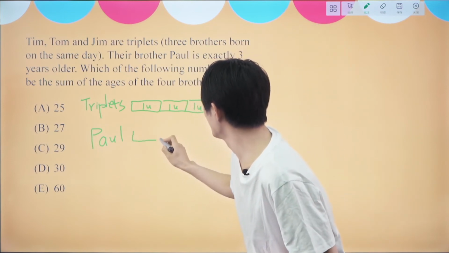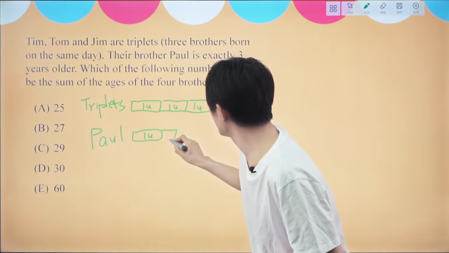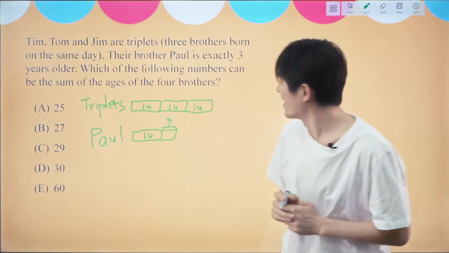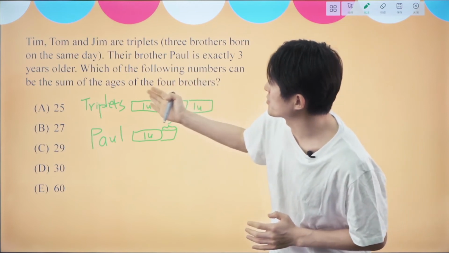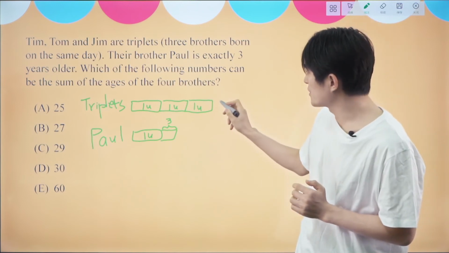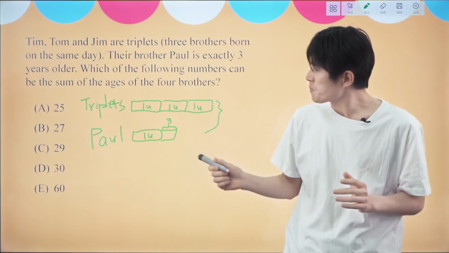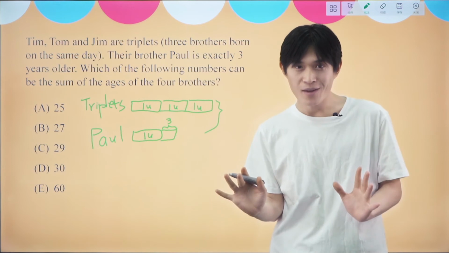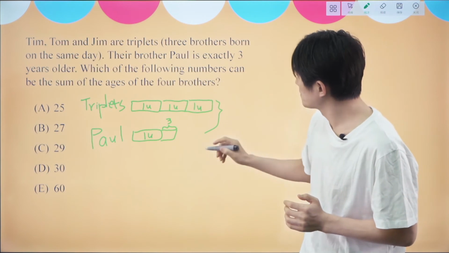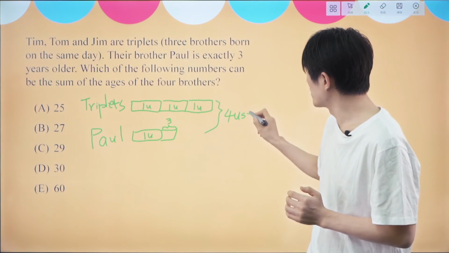We draw this 1 unit and 3. So the sum of the ages of the 4 brothers will be 3 units plus 1 unit plus 3. That will be 4 units plus 3.